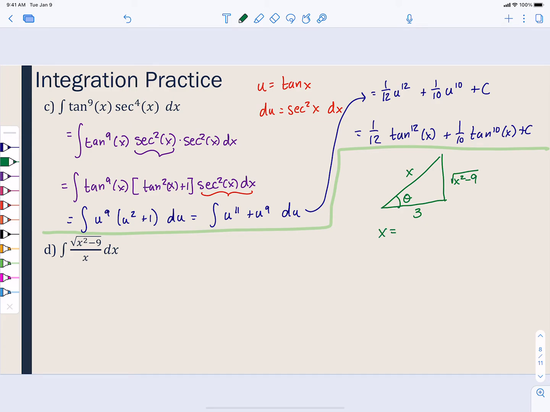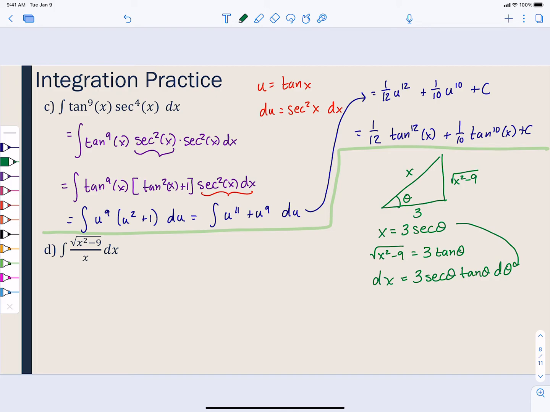So what's going to be true here? We're going to have x being equal to 3 secant of theta. The square root of x squared minus 9 is going to be equal to 3 times tangent of theta, and dx is going to be equal to 3 times secant of theta, tangent of theta, d theta. Again, remember that comes just from us taking the derivative of that first statement.